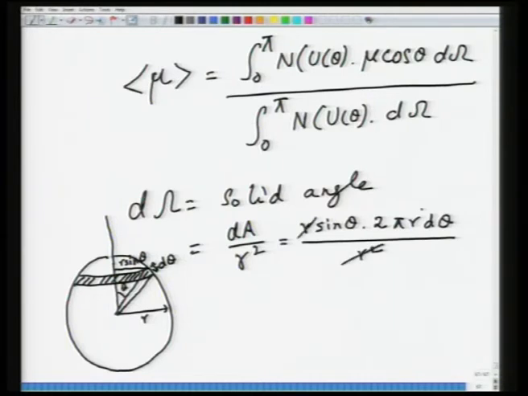So r will cancel, and what you will have is 2 pi sin theta d theta.